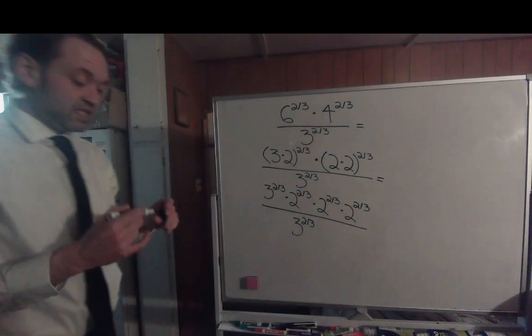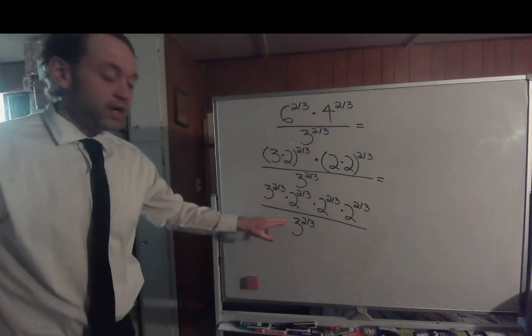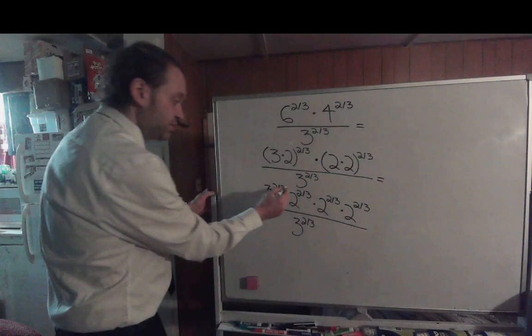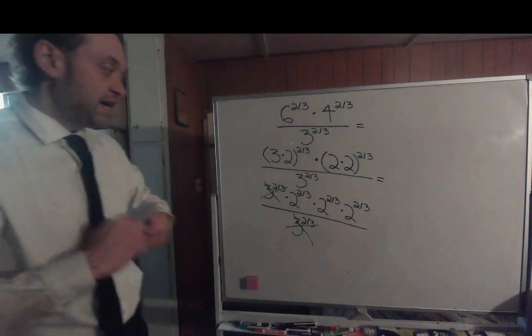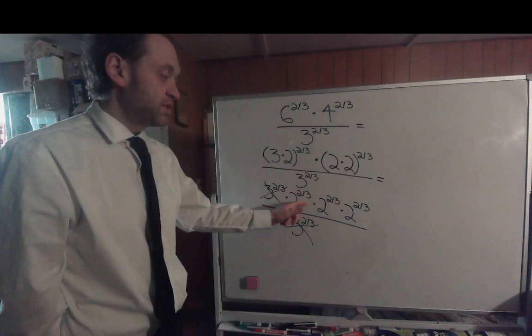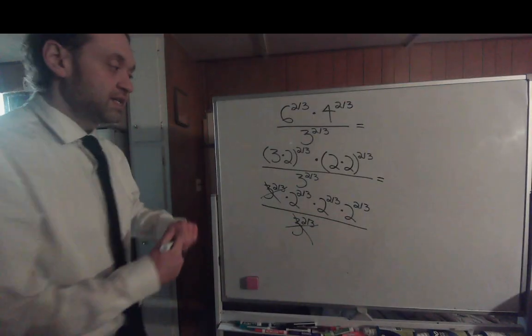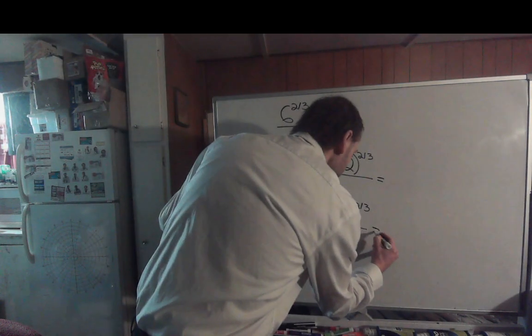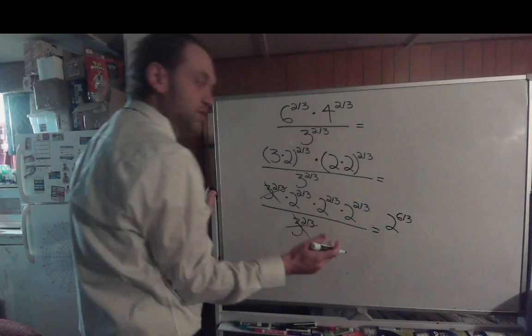This actually isn't as bad as you think now, since we've separated everything. Between the numerator and denominator, the 3 to the 2/3 cancel out. You're rid of that. So all you have now is the numerator with 3 expressions of 2 to the 2/3 power. So that means you're going to add all these exponents. In the end, you should get 2 to the 6/3. Well, what is 6/3? That's 2, right?